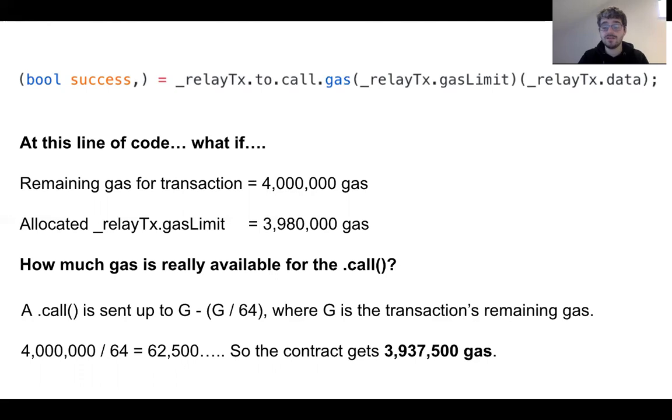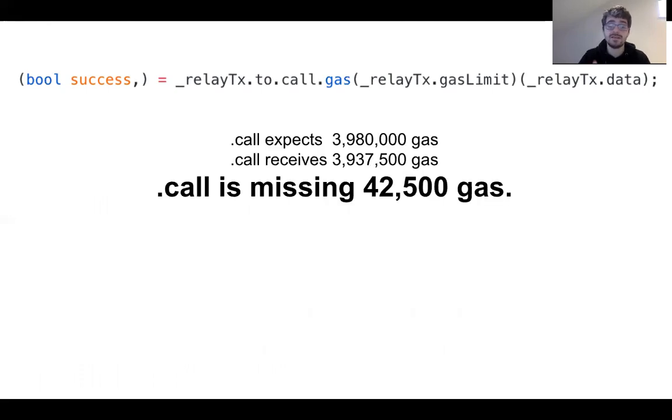So in practice, what's going to happen is that the DOP is going to be missing 42,500 gas. It's expecting 3,980,000 gas, and is going to get 3,937,500 gas. So I'm not really used to pronouncing millions anymore.